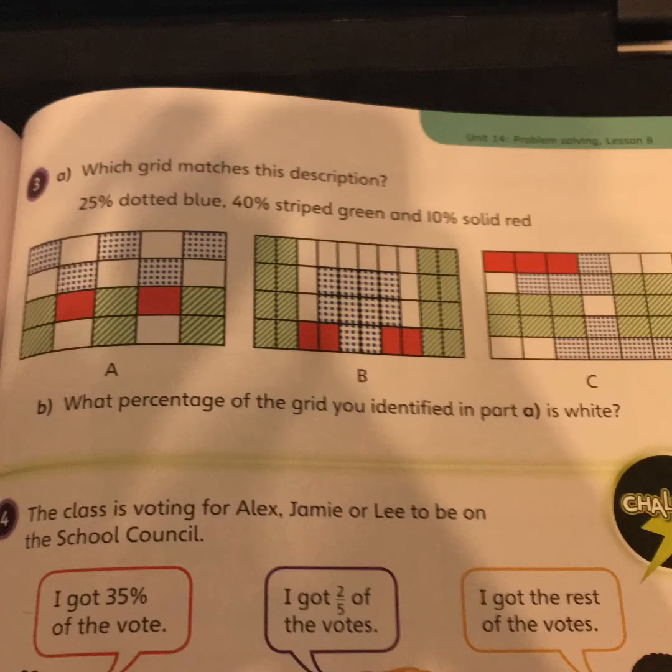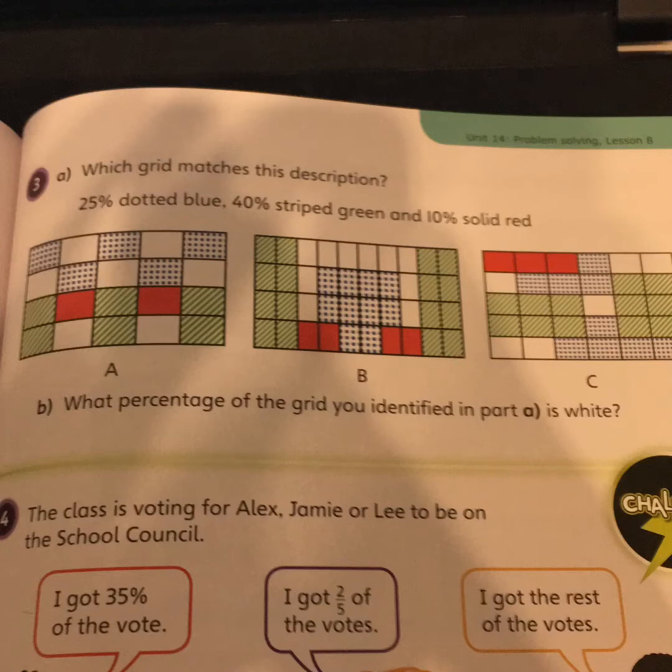Oh, so it could be grid A. Let's have a look at the green. So the green is 6 out of 20. If I multiplied that up to 100, if I times them both by 5, that would be 30 out of 100, which would be 30% green. Oh, that one's not right then because it should be 40% green.